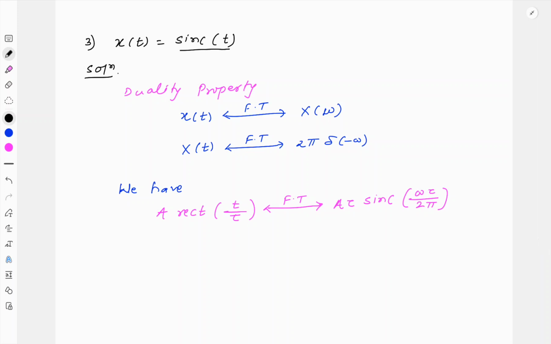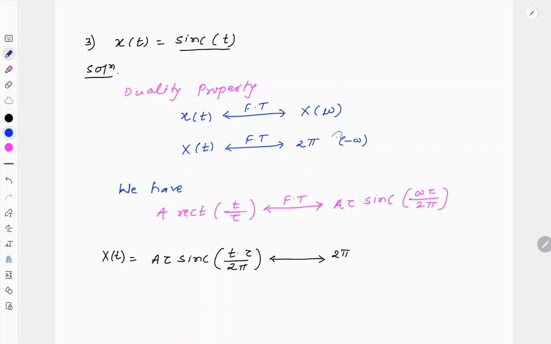Before that, let us apply this duality property. Using the duality property we can write this equation as a tau sinc of, replacing omega by t, t into tau upon 2 pi, and this will be your x of t, and the right hand side will be 2 pi x of minus omega.